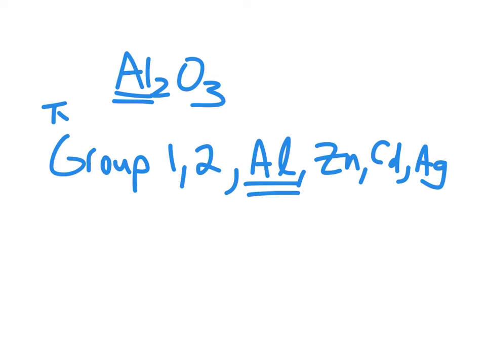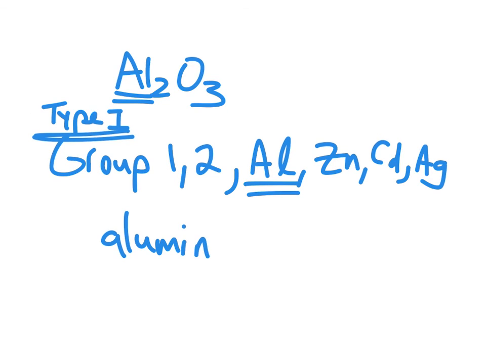So this is going to be called aluminum. And then instead of oxygen, we're going to call this oxide, because binary ionic compounds always end in ide. So if it's binary, it's always going to end in ide.